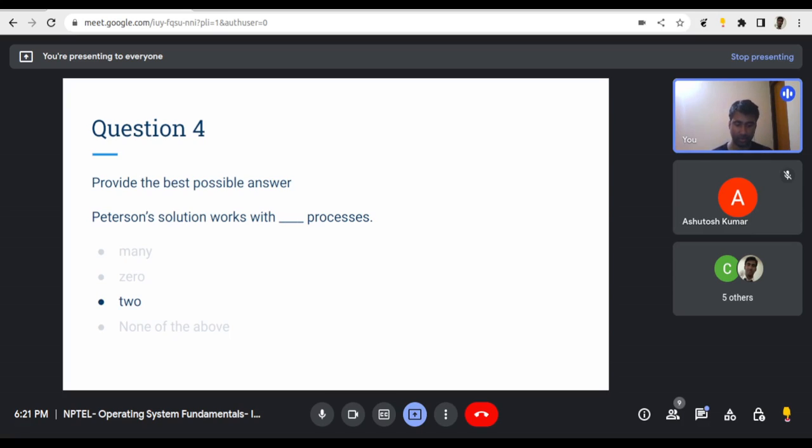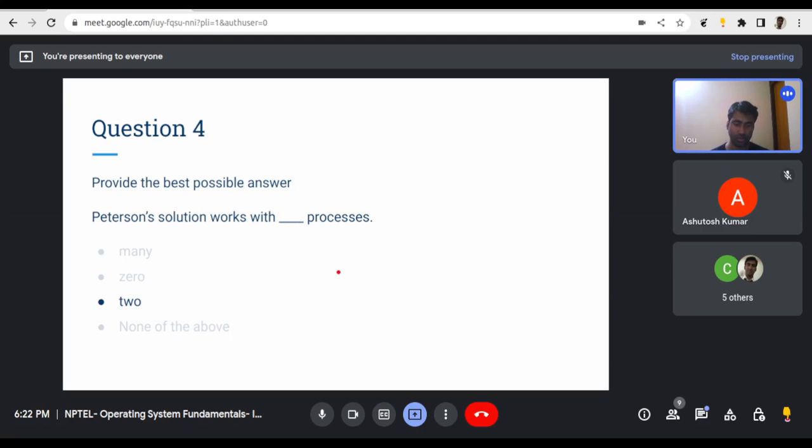In the entry section of the algorithm, it first raises its own flag and says that it wants entry into the critical section, and then gives the turn to the other process. Two processes are executing in parallel, right? So it gives the turn to the other process, and then it checks if the other process needs entry into the critical section, and if the turn is with the current process.